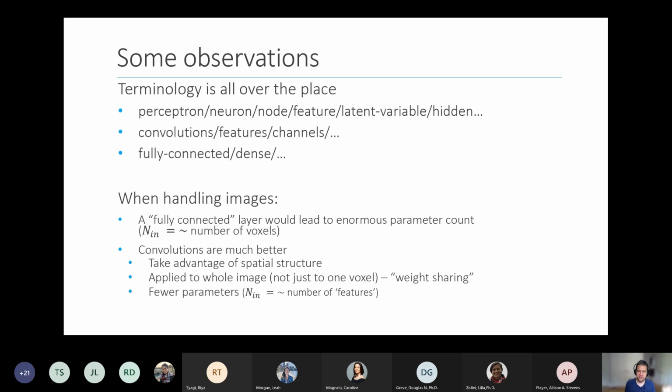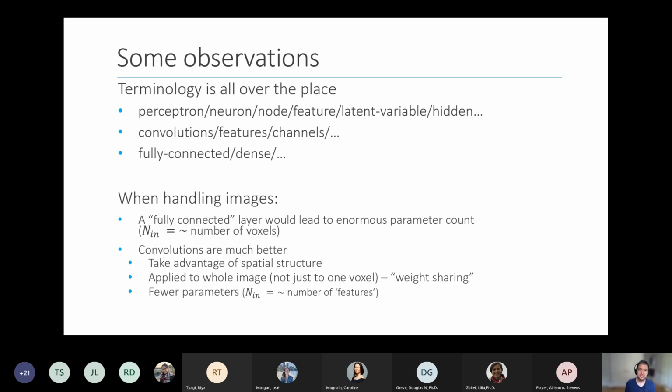So you have substantially fewer parameters in this operation. At the end of the day, the number of parameters depends on the number of input features and output features you have, not the size of the image, which is a really cool property.